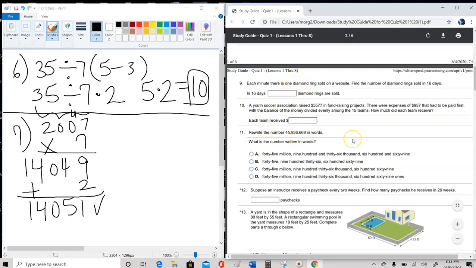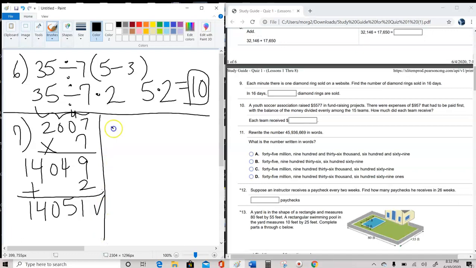Question 9, each minute there is 1 diamond sold on a website. Find the number of diamond rings sold in 16 days. We know there are 60 minutes in an hour and 24 hours in a day.